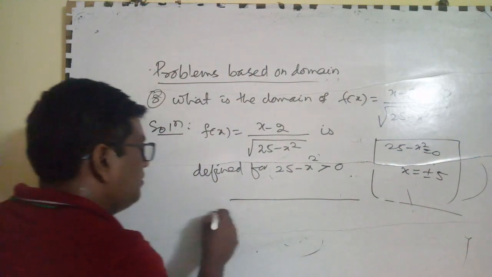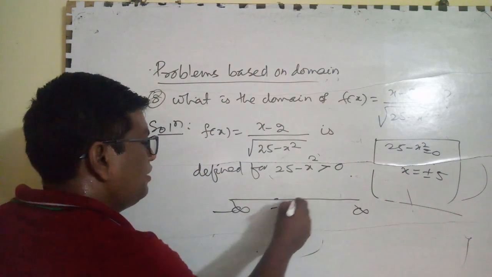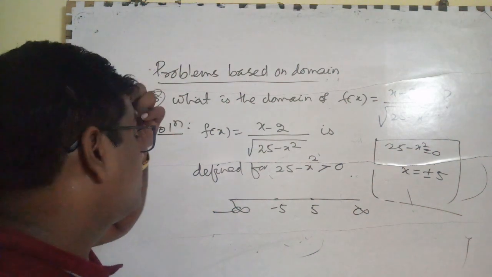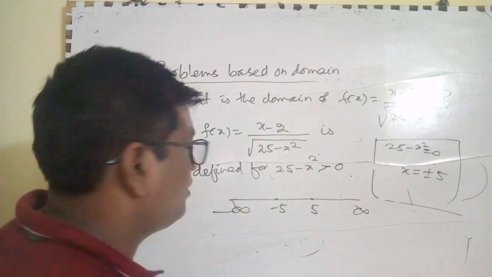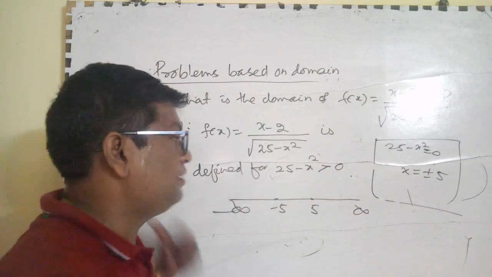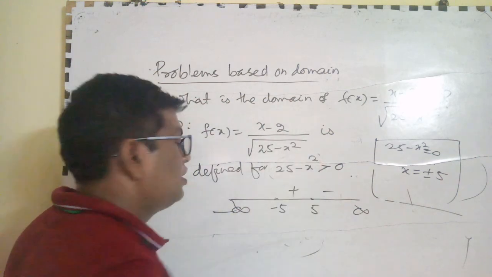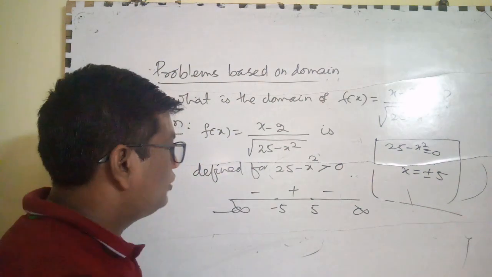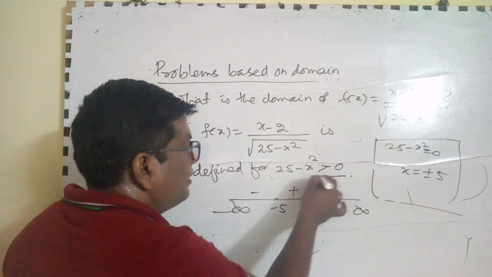Draw the number line, minus infinity, plus infinity, minus 5, plus 5. What is the sign rule here? Since the coefficient of x square is negative, put minus sign from the right, then alternate: plus, minus, that is, the opposite sign plus, and its opposite minus. Above the number line, what is present here?